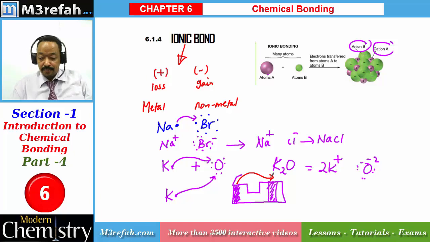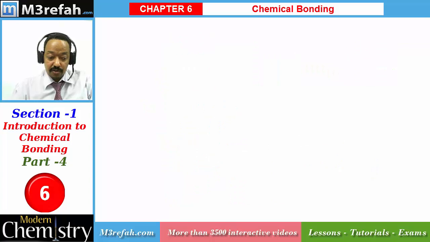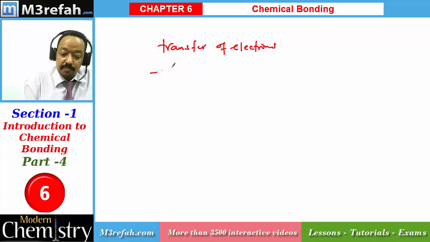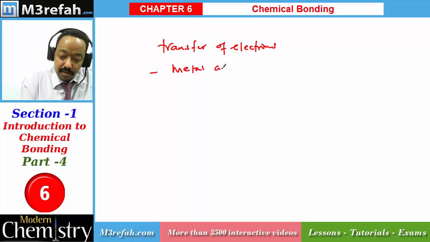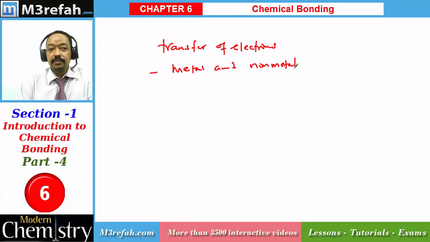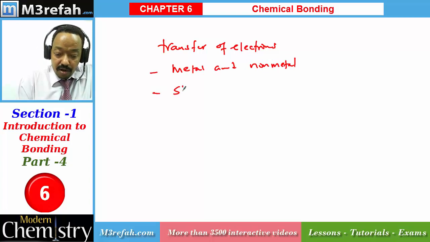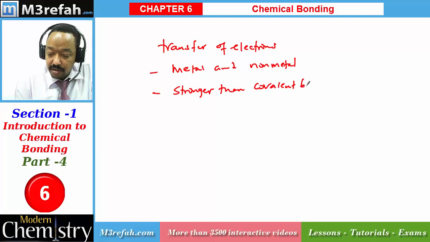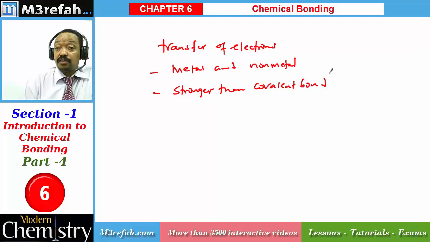So to summarize, ionic compound is formed by transfer of electron. It's between metal and non-metal, and stronger than covalent bond, which means ionic bond is stronger than covalent bond.